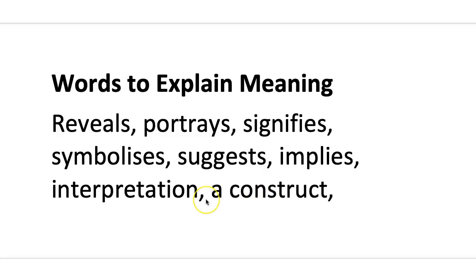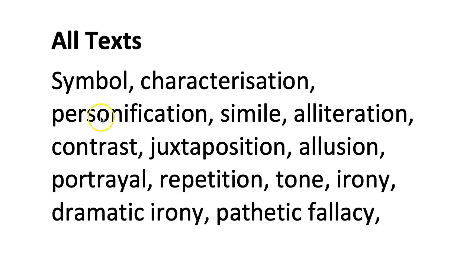All those words that you can use in every single essay, whether it's poetry, play or novel that you're writing about, are all appropriate use of subject terminology and will get you into grade 6. Simple as that. And obviously, if you're writing about all of these, you're offering very interesting interpretations which will get you even higher than grade 6.